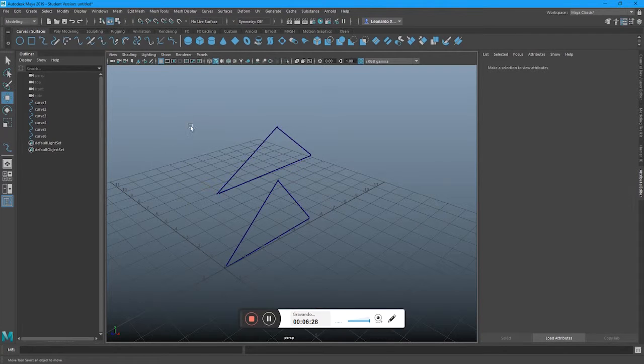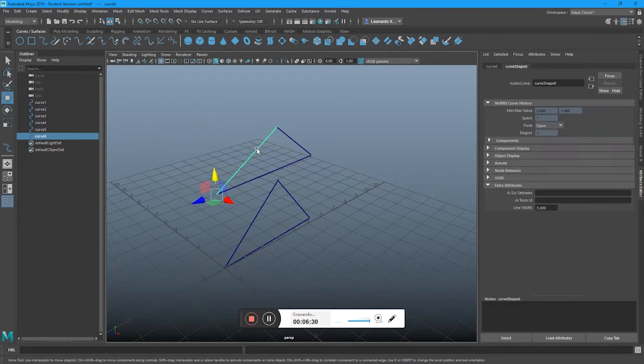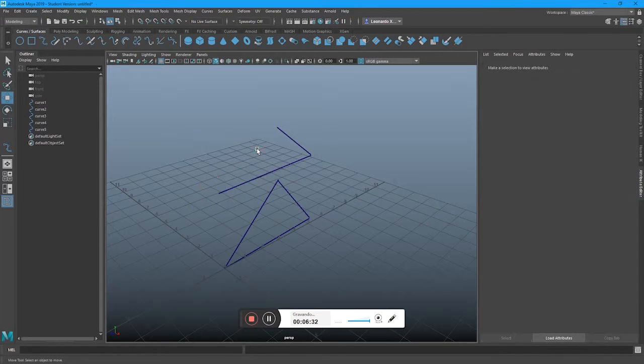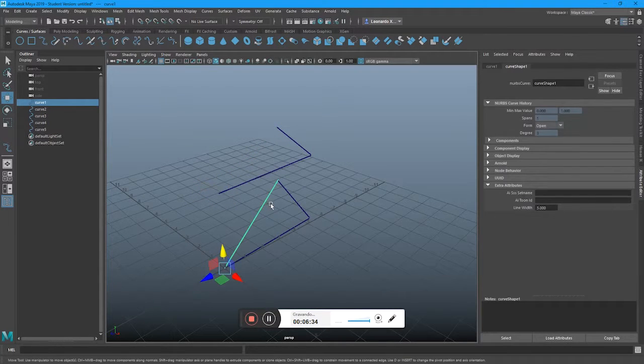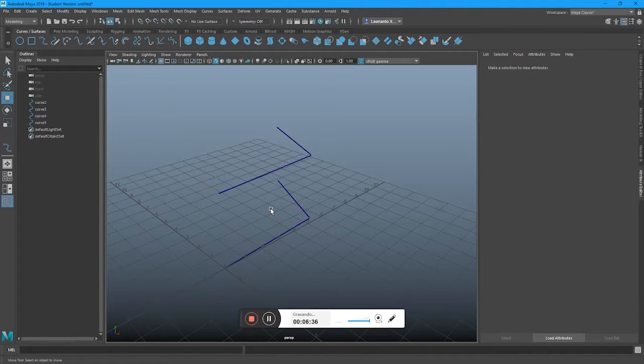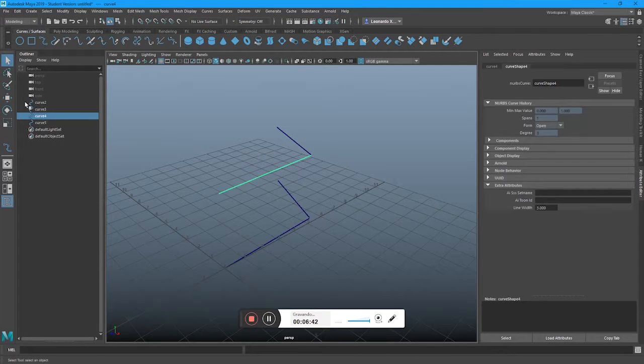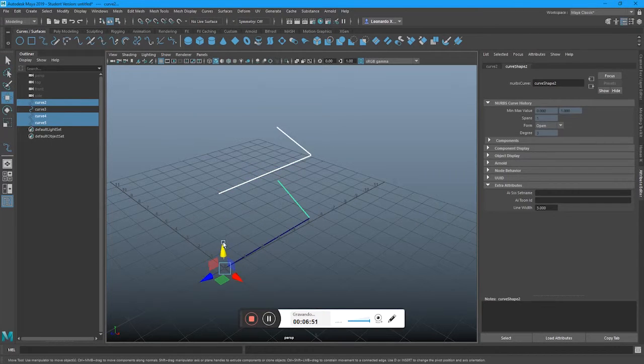Okay, I can subtract vectors. I can move.